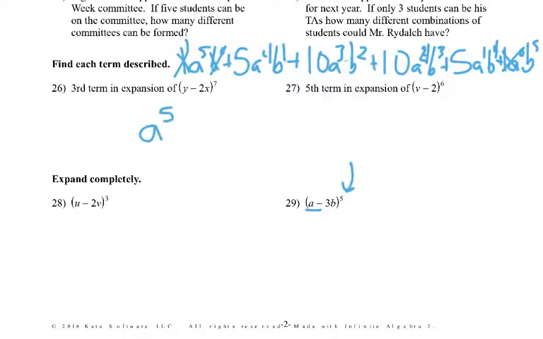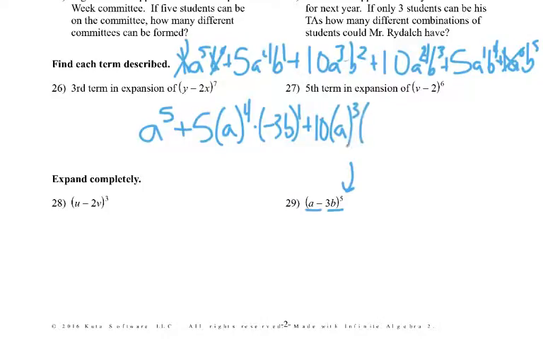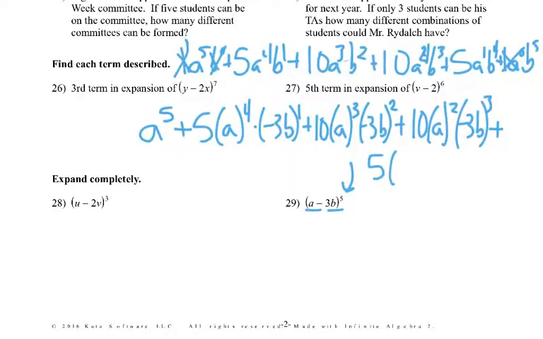That's easy enough, right? A to the 5th plus 5 times a to the 4th times b is negative 3b, negative 3b to the 1st, plus 10 times a to the 3rd times negative 3b squared plus 10 times a squared times negative 3b to the 3rd plus, then we keep going, 5 a to the 1st, negative 3b to the 4th, plus just b to the 5th, so negative 3b to the 5th.